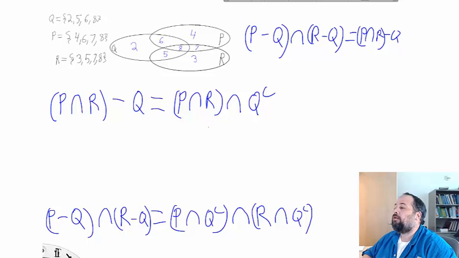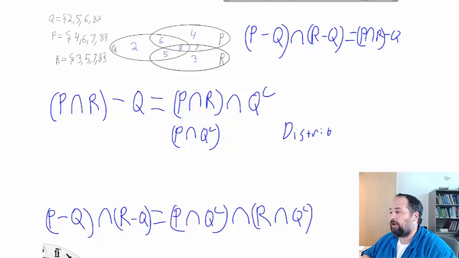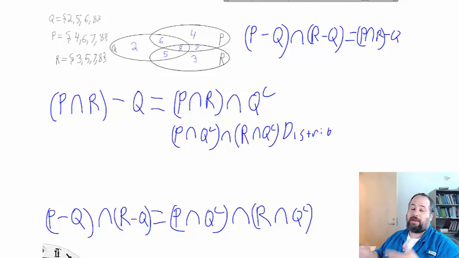So if we go back up here, we know we can apply the distributive rule, and we will get (P intersection Q complement) and (R intersection Q complement), which is the same. So I guess that's why they didn't use this example for the algebraic example, because it's kind of trivial, right?